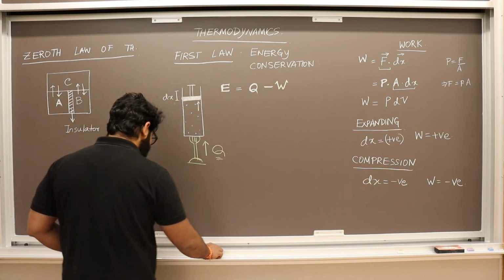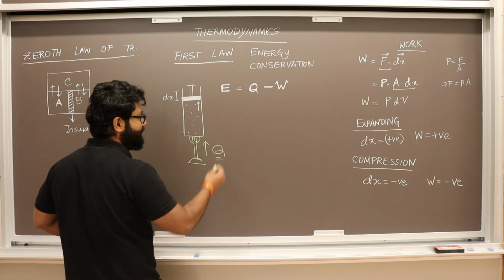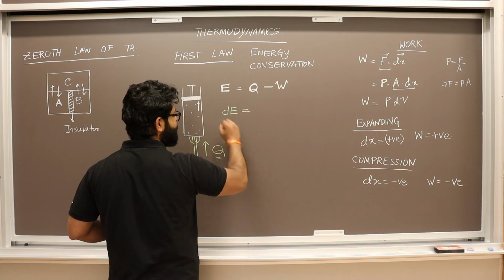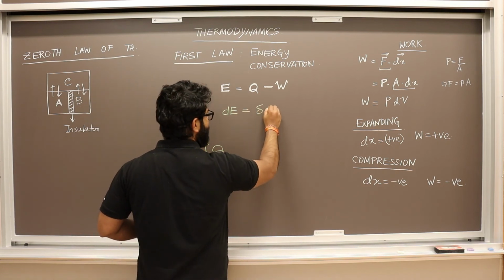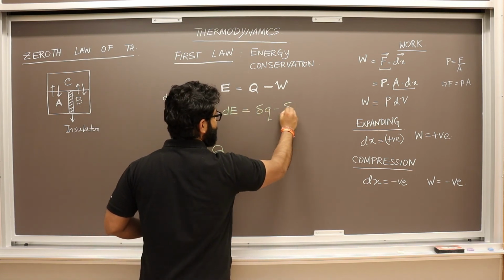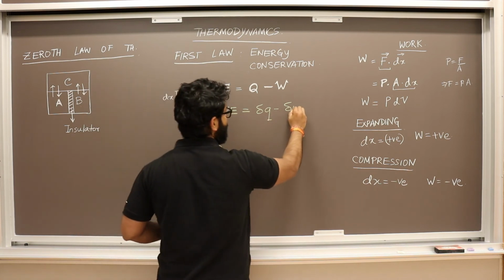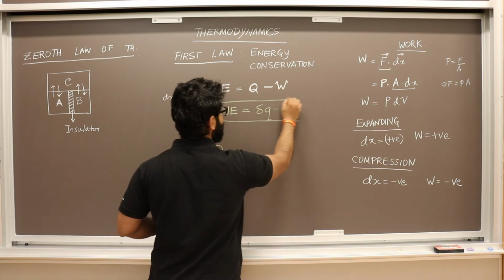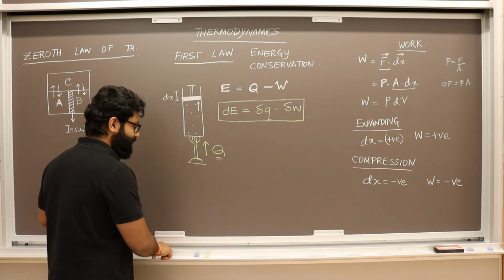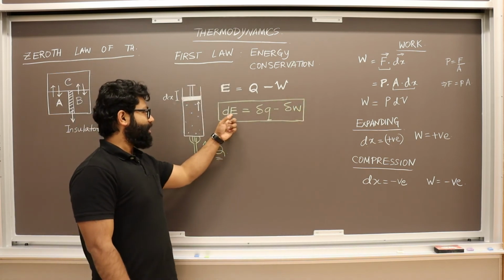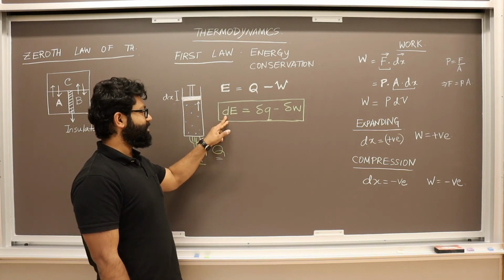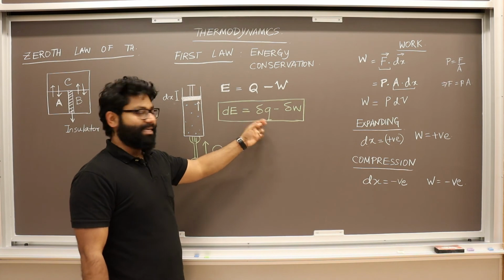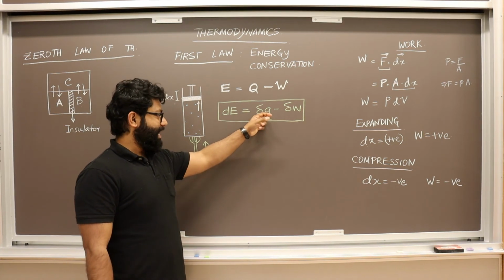We formalize that using an equation which looks something like this. A small change in internal energy is basically the small heat that was given minus the small work done. Now, I have used a different symbol for a small change in internal energy, which is d, but for heat and work I'm using a Greek small delta, right?